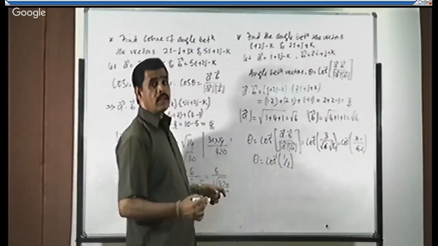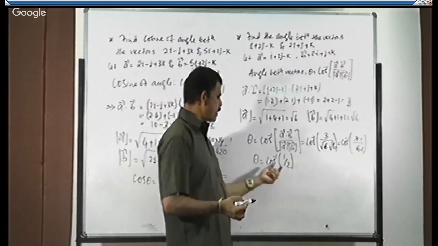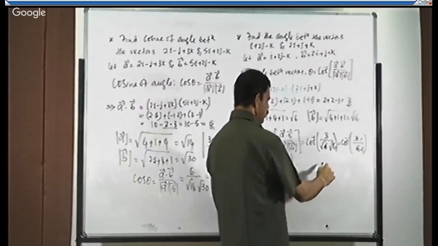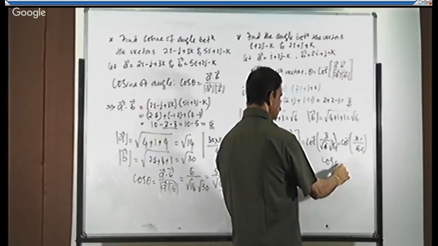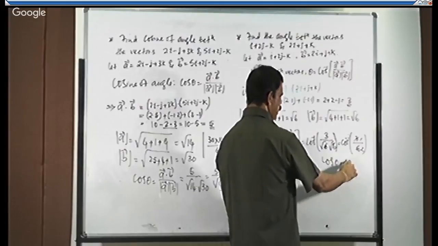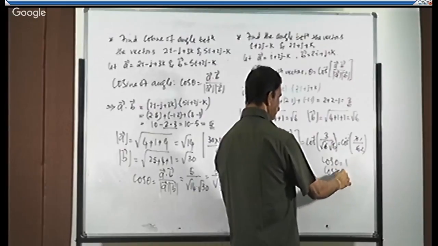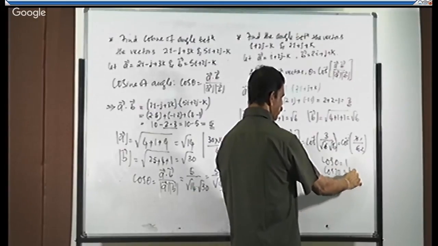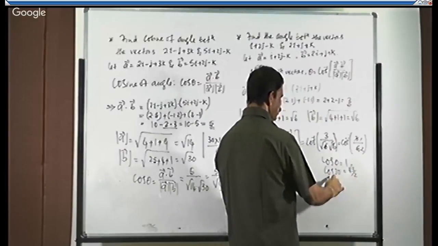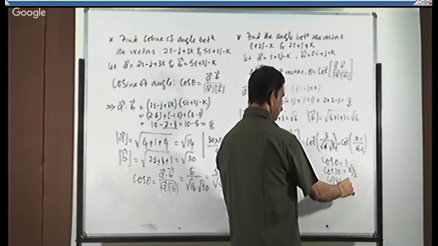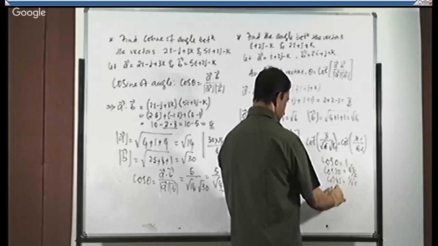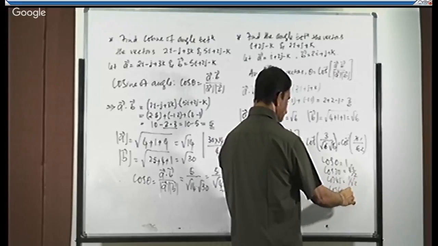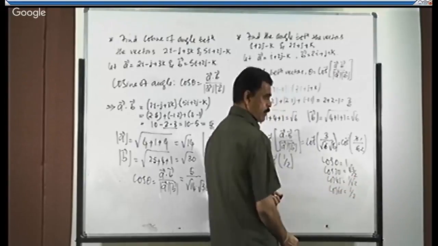For what value of theta will we get cos equal to 1 by 2? As we know, cos 0 is equal to 1, cos 30 is equal to root 3 divided by 2. Cos 45 is what? It is 1 by root 2. Cos 60 is equal to 1 by 2. Right?